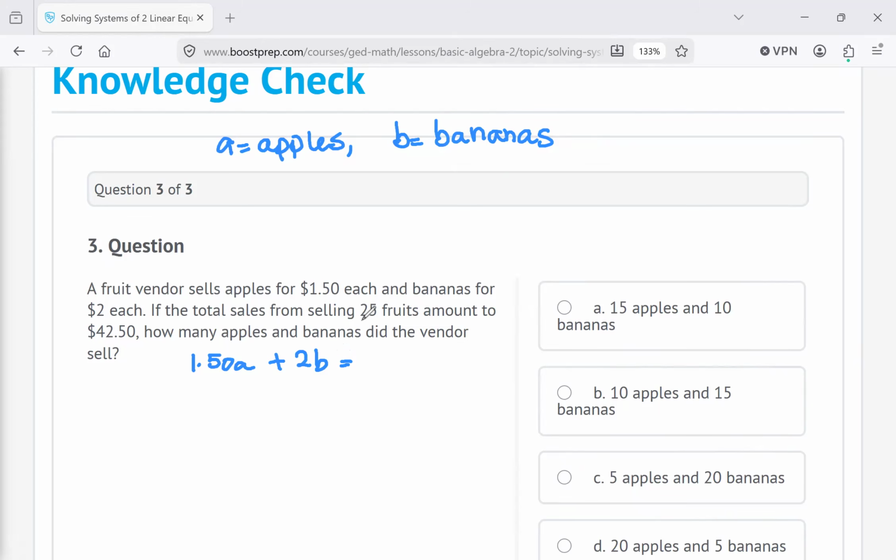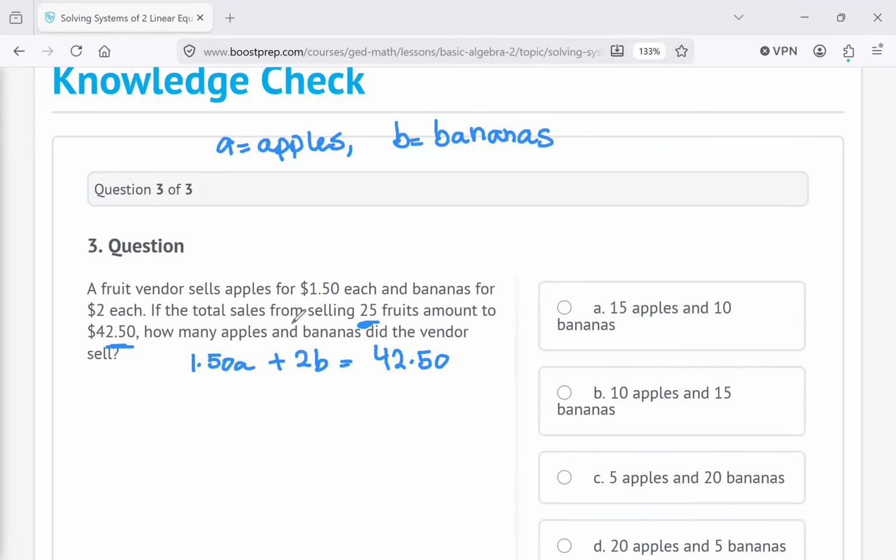Should I set it equal to 25 or 42.50? Well, it's the total cost, so it's going to be 42.50. I'm not going to set it equal to 25 because that's the total amount of apples and bananas combined, not the total cost.